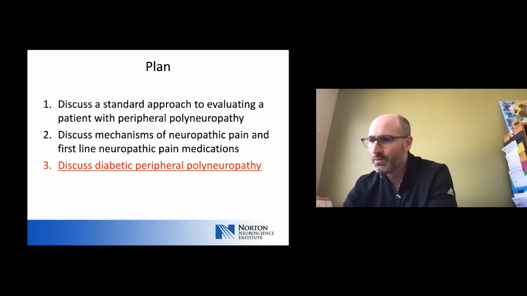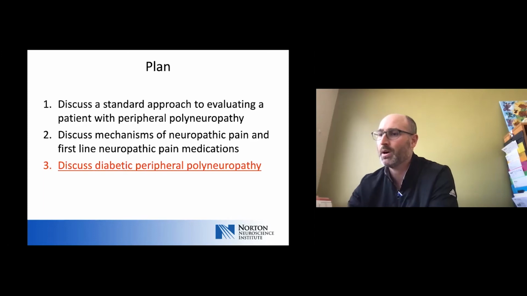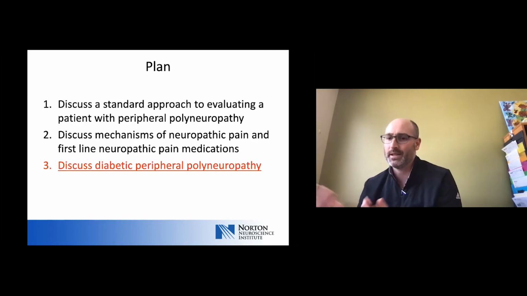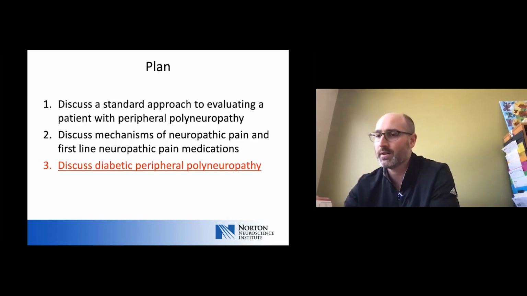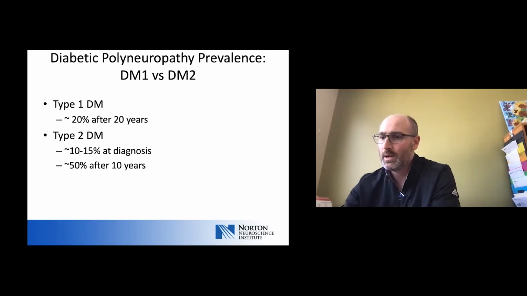So I've got a few minutes here, so we'll talk a little bit about a couple points on diabetic polyneuropathy, as this is going to be the most common cause of a distal symmetric polyneuropathy that someone working in primary care is going to run into. What I want to do is focus on some ways in which type 1 and type 2 diabetes are different, which does have some bearing on how we would approach these.